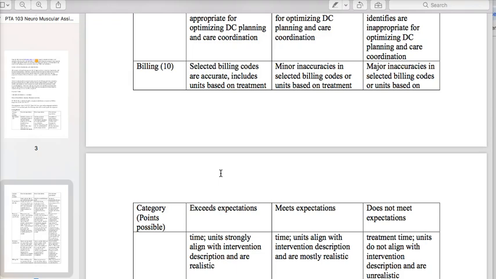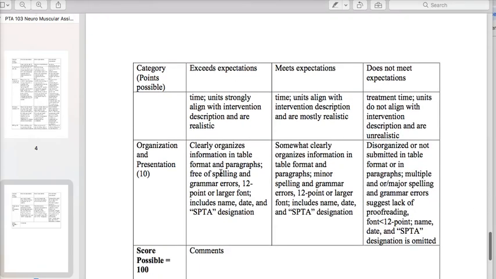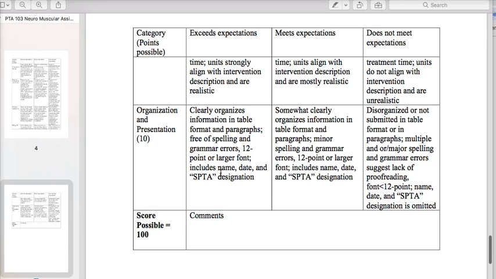Again, not scientific, it doesn't have to be 4 codes for 1 hour, but it needs to be in the ballpark. And then finally, this is college level writing, so we're expecting good formatting, easy to read paragraphs, and including your SPTA designation.